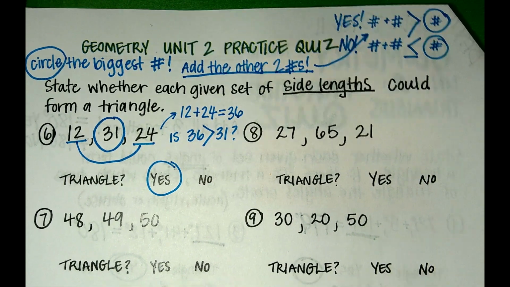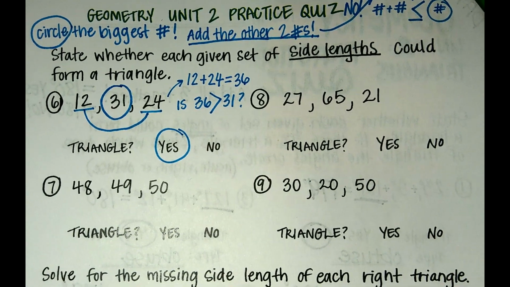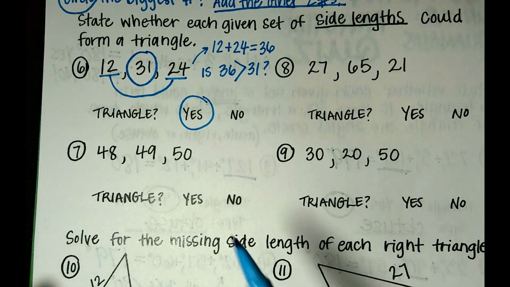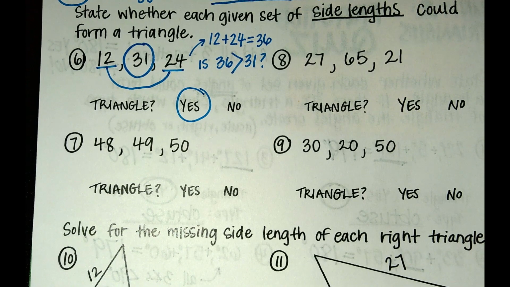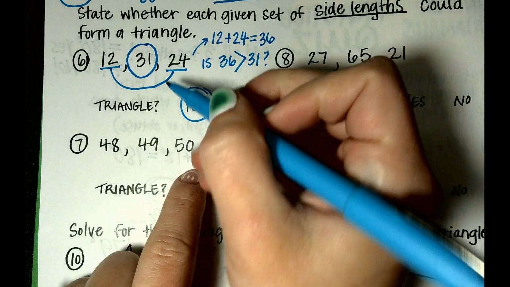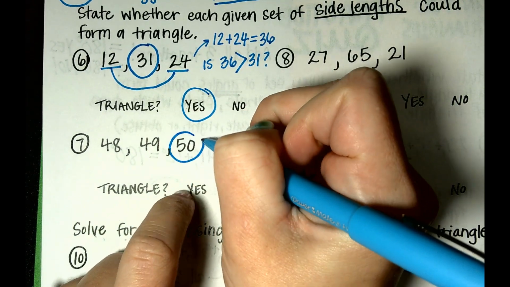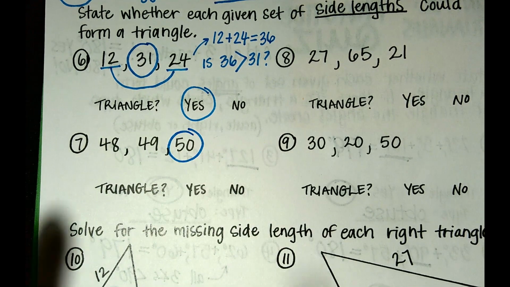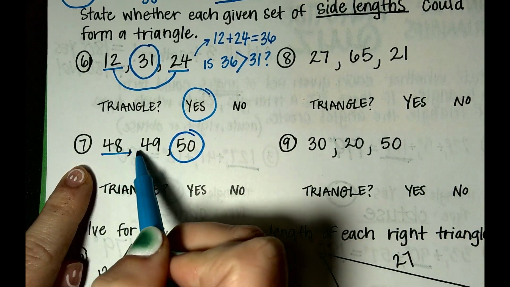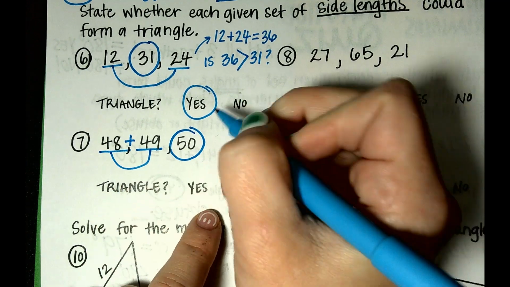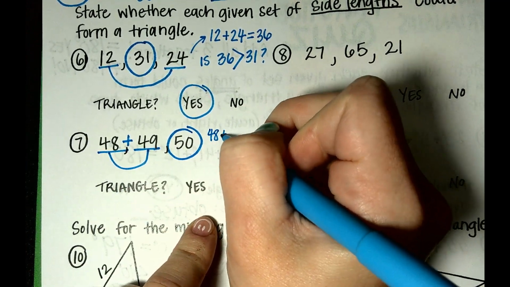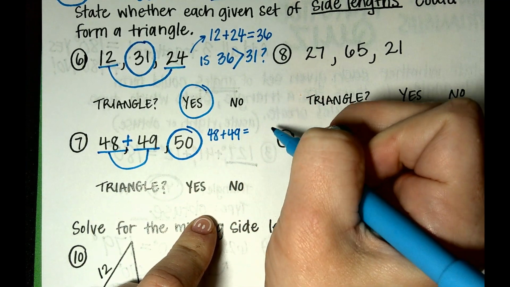Okay. I appreciate that. Okay, number 7, 48, 49, and 50. What is my biggest side length? 50. So, we're going to add these two together. What is 48 plus 49? 97?